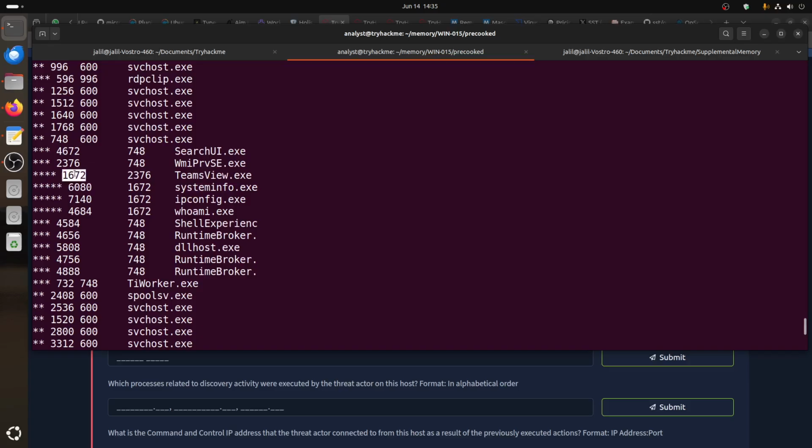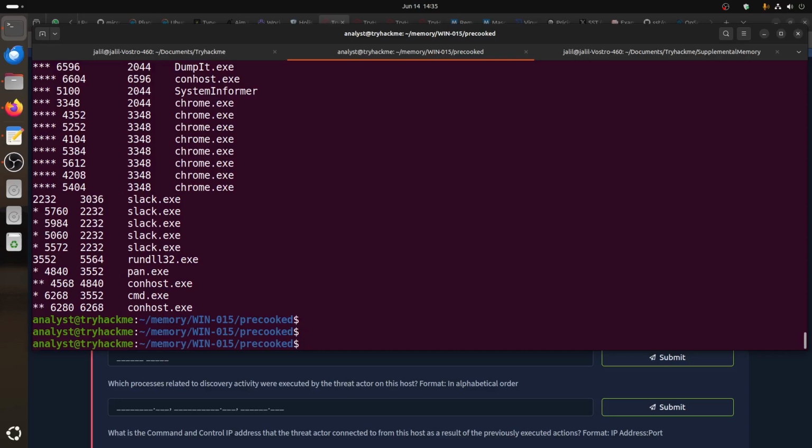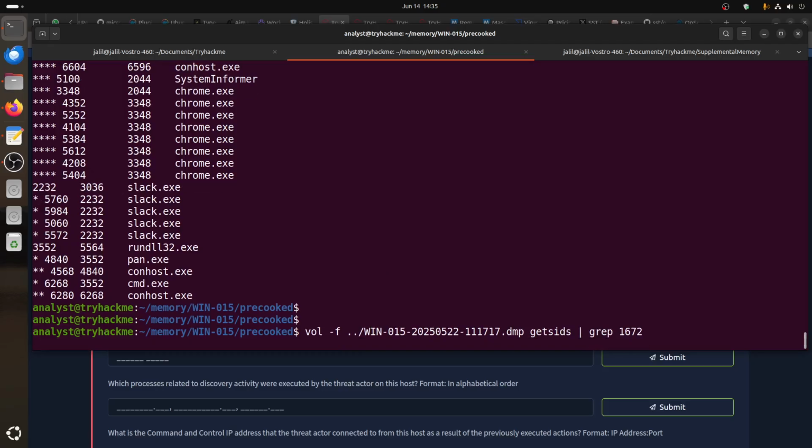TeamViewer, we have 1672, that's the process ID, so we can go to Volatility with -f. We can use getsids and just grab the process ID, that one.